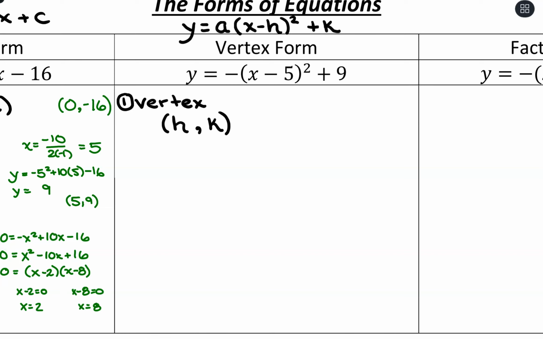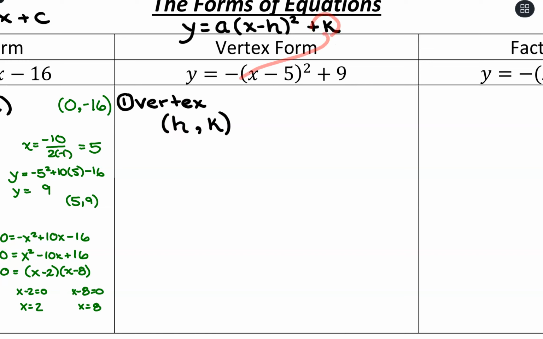Something you want to be very careful of here is that in the format, we expect to have subtraction there. If we have subtraction, our h-coordinate is positive. If we have addition, the h-coordinate is negative. So it appears opposite of how it shows up in the original format compared to how we write it in the vertex.